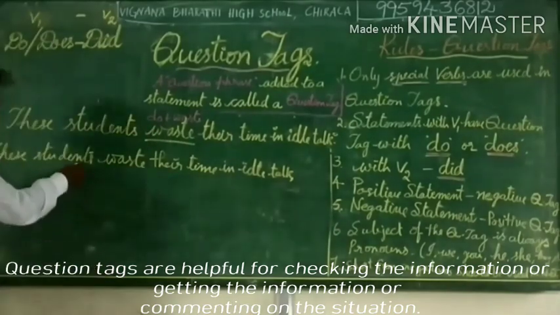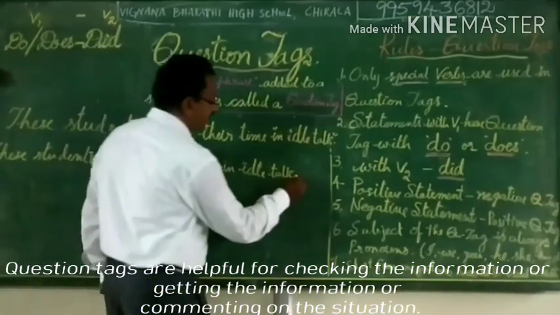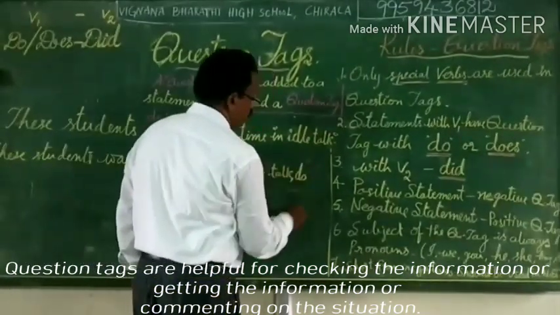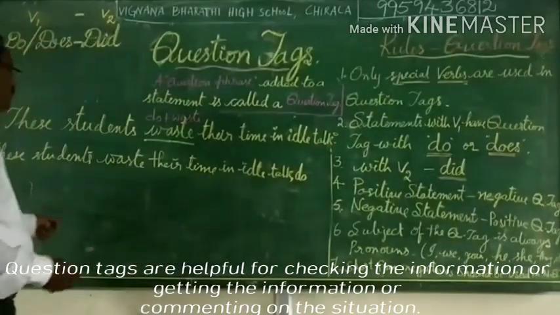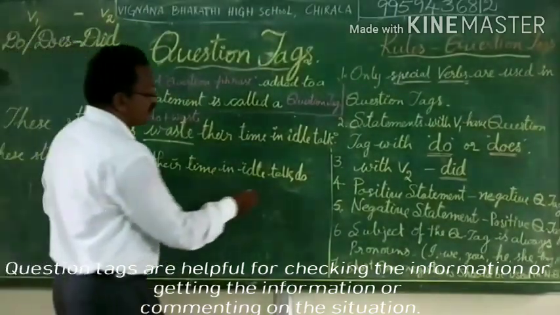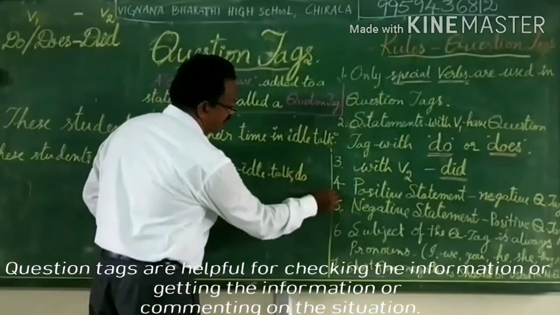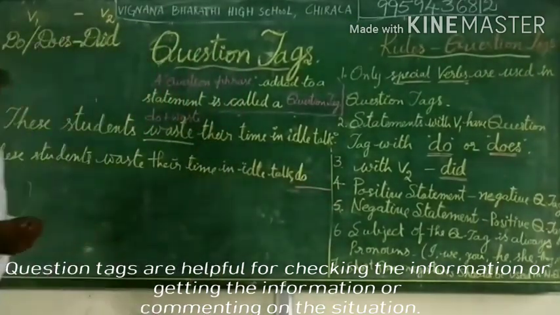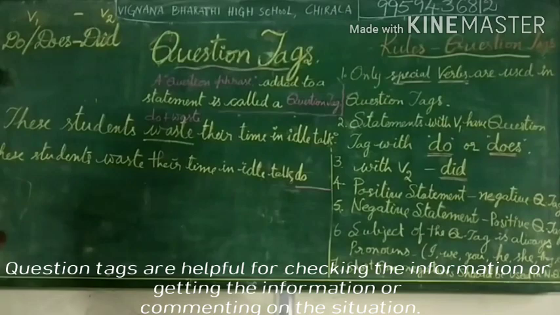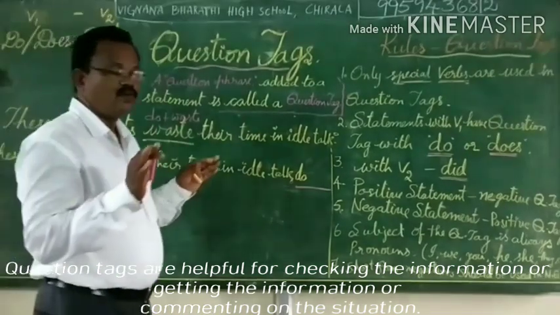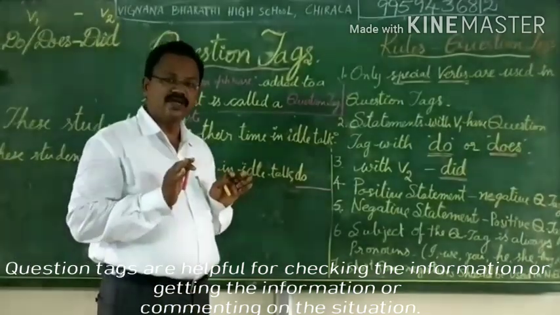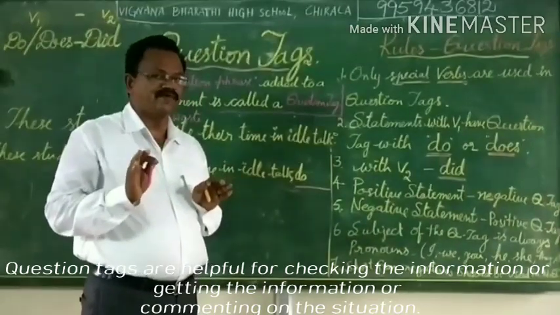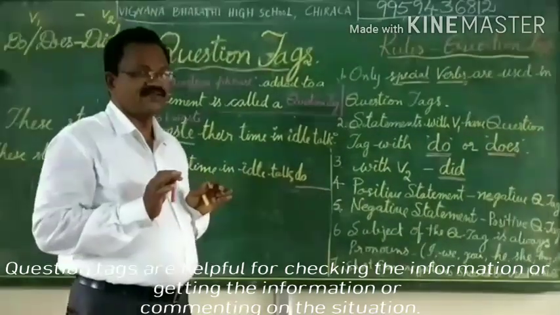So, students, we write here do in question tag. In question tag, you can write this special verb. We start the question tag always with a special verb or an auxiliary verb.